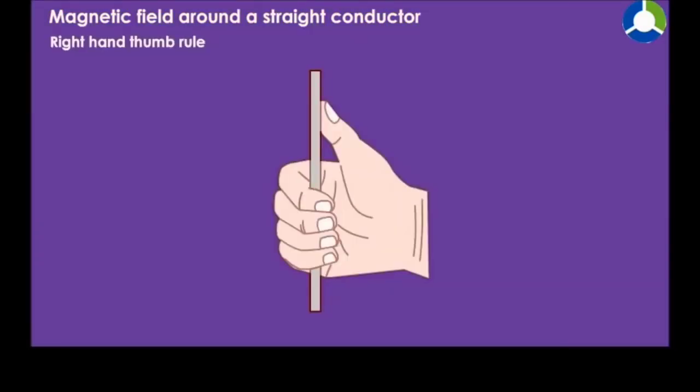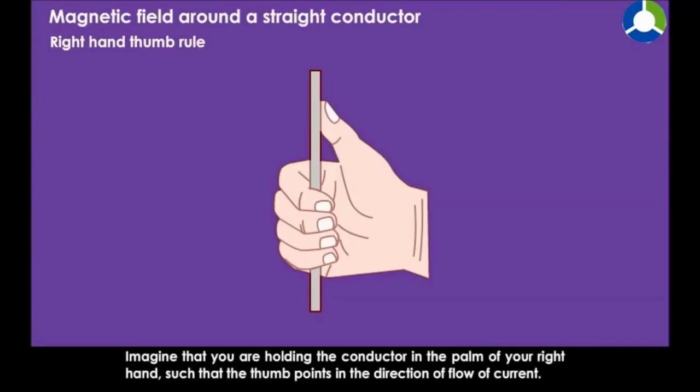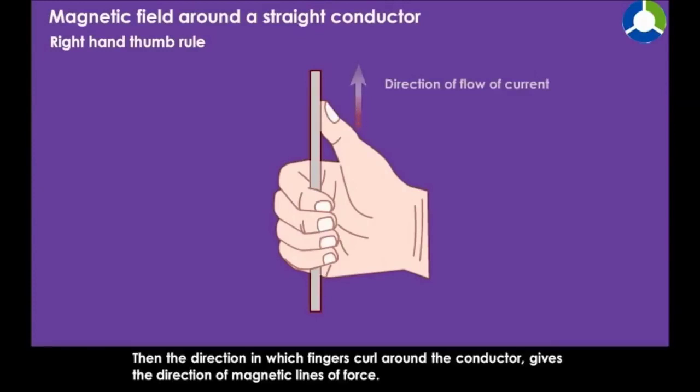Right hand thumb rule. Imagine that you are holding the conductor in the palm of your right hand such that the thumb points in the direction of flow of current. Then the direction in which the fingers curl around the conductor gives the direction of magnetic lines of force.